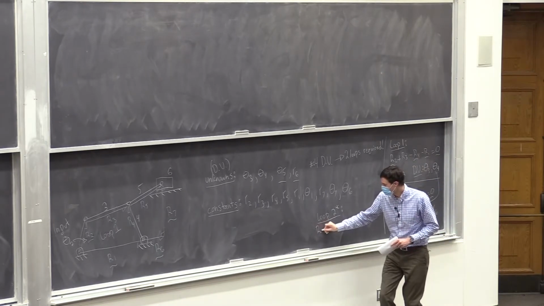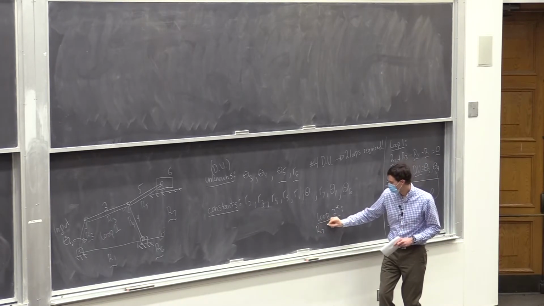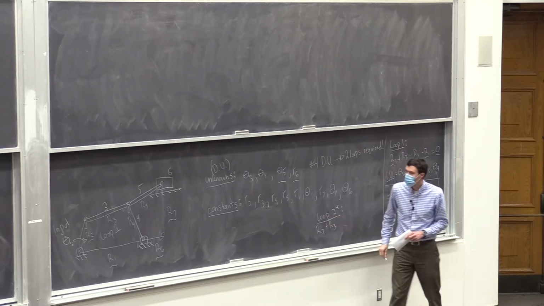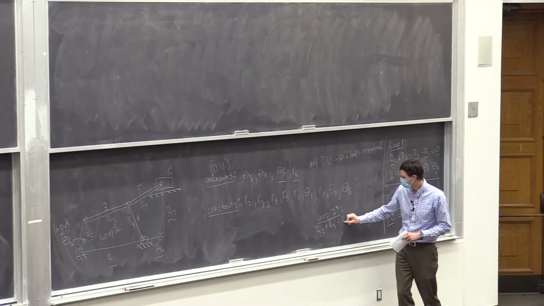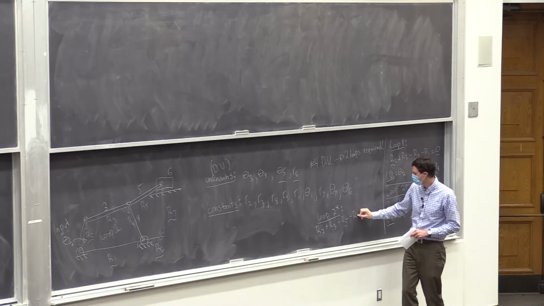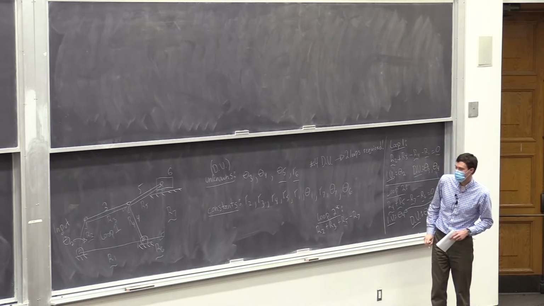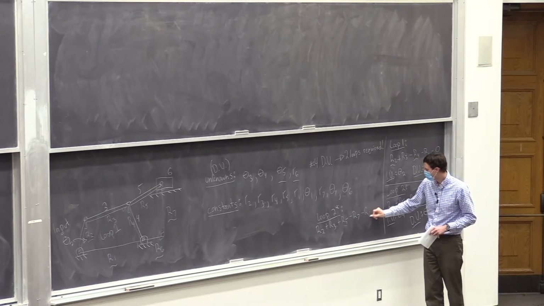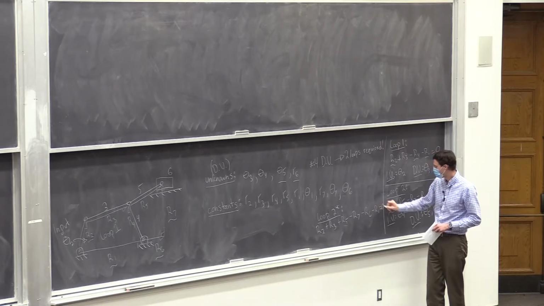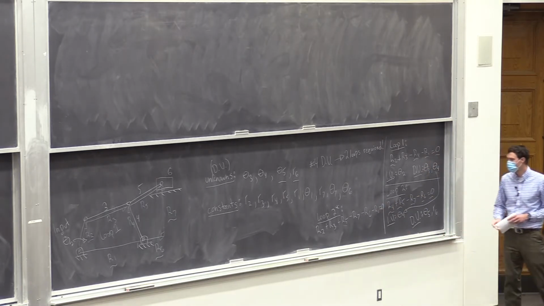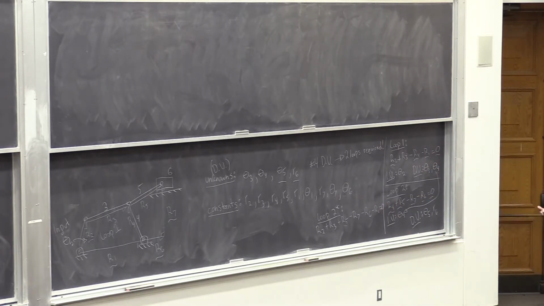It could go all around the whole thing: 2 plus 3 plus 5 minus 7 minus 6 minus 1. That's loop 2 star. That's a fine loop.